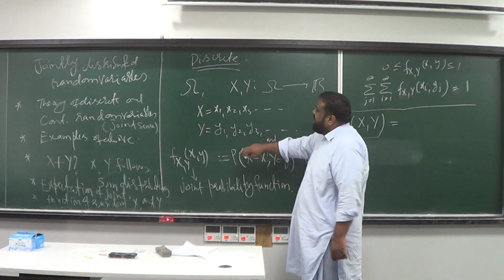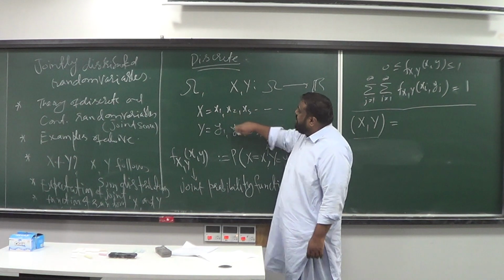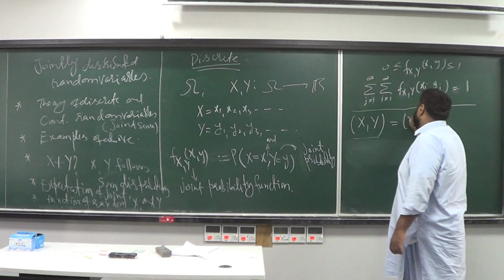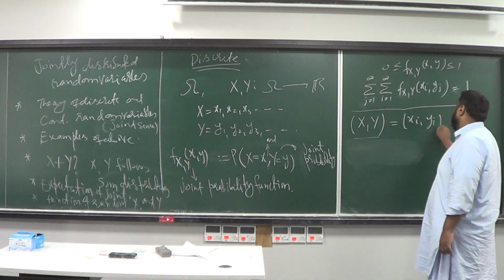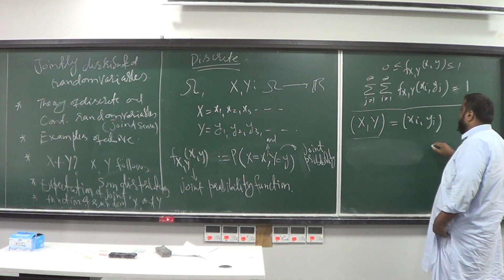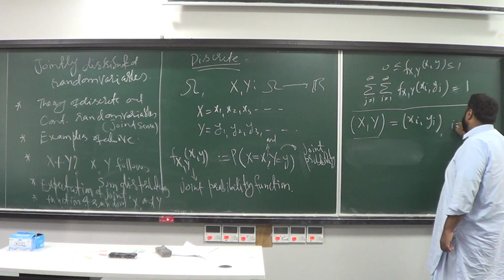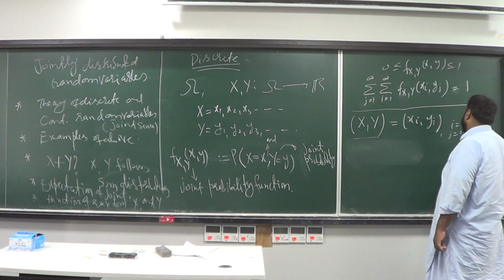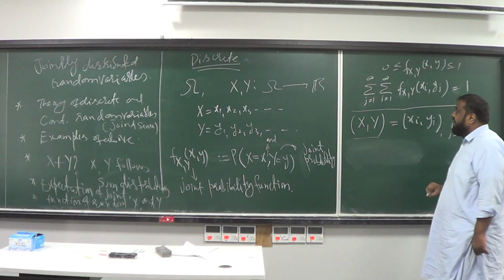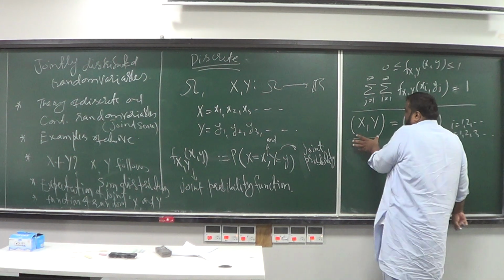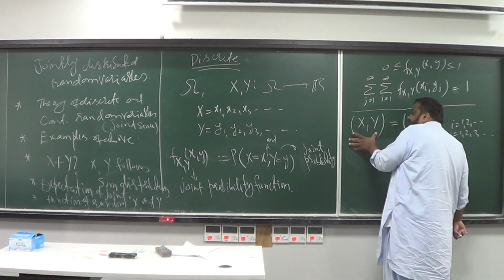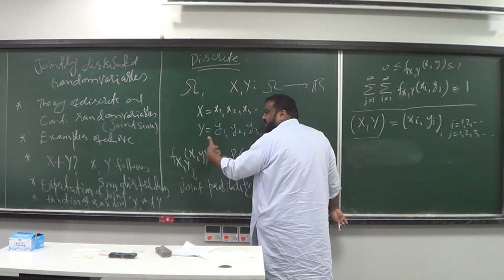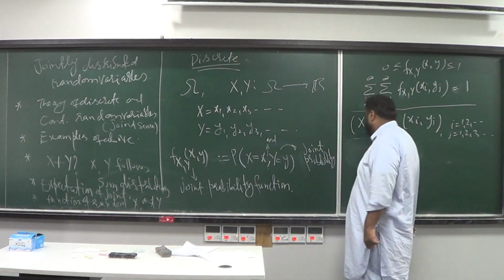It takes all possible ordered pairs that you can have from here. In other words, it takes values xi, yj, where i can be anything from 1 to infinity and j also can be anything from 1 to infinity. And for this random vector, this fxy, or this joint PDF, is really a probability mass function.